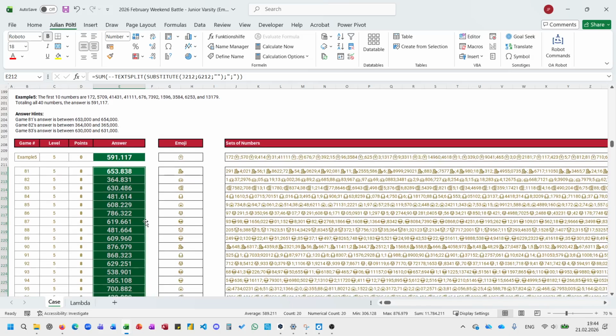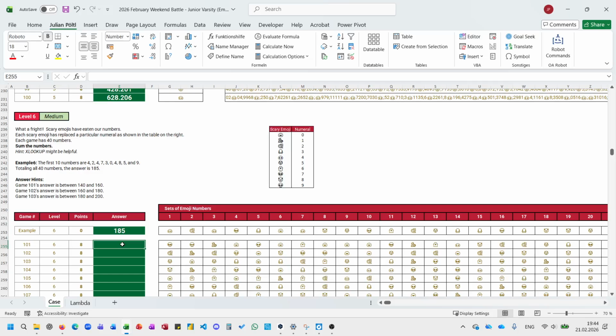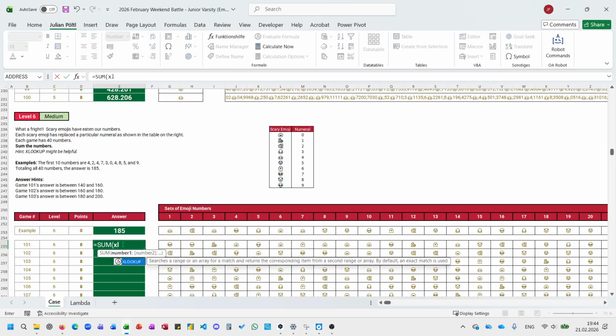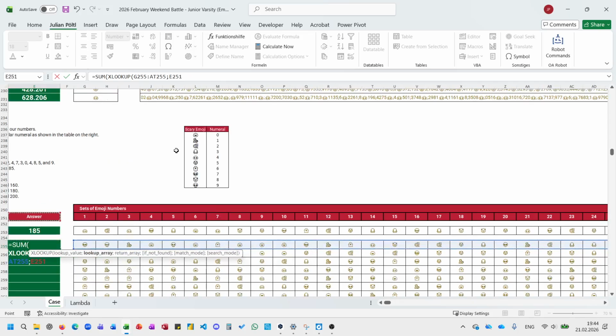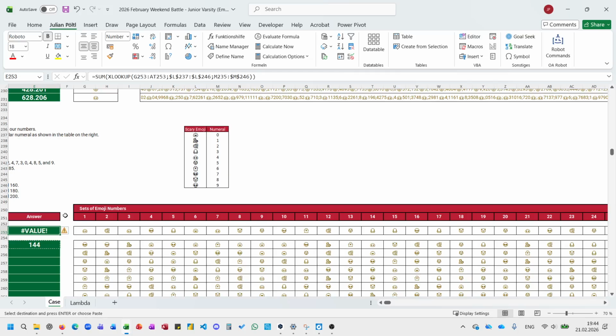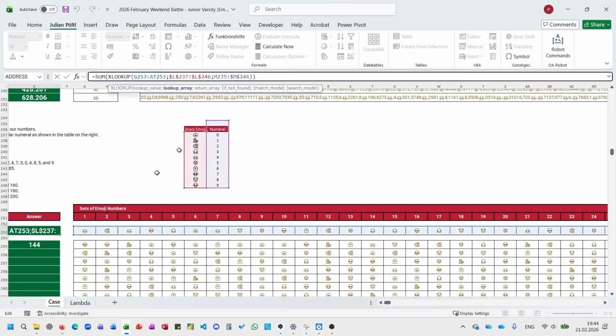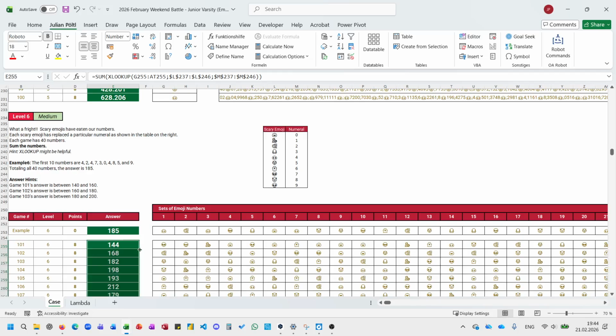Good, good, good. Medium, sum the numbers. This is sum of x lookup of the area. So, too much. Yes. Oh, but okay. Lost here. 185. Yes.